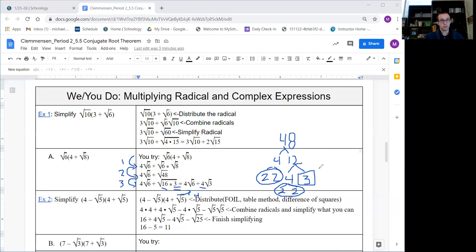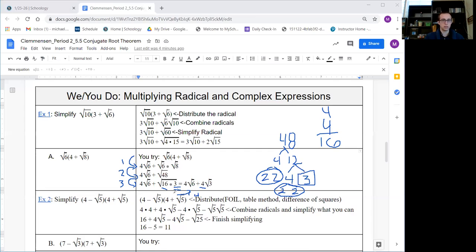And then I have a 3 left over. All right. So the 2 and 2 and the 2 and 2, 2 times 2 is 4. 2 times 2 is 4. 4 times 4 is 16. And so that's where that 16 comes from right there. All those 2's combined. All right. And then I have that 3 left over right there.